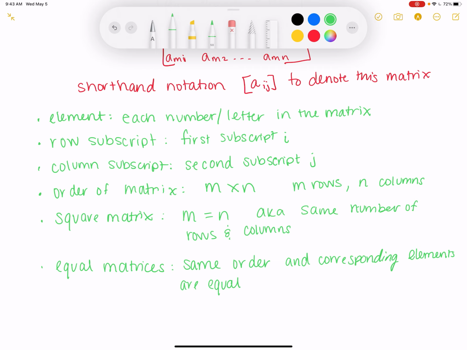Don't confuse it with a square matrix. If I set two equal to each other, and they have the same number of rows and columns, then the corresponding pieces are equal to each other. So this will allow us to do stuff like, you're given a matrix and another one and it says solve for x, and that will allow you to do that.